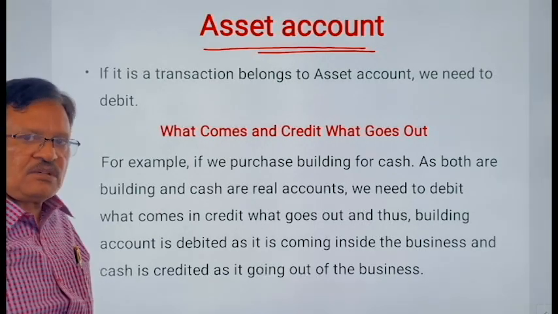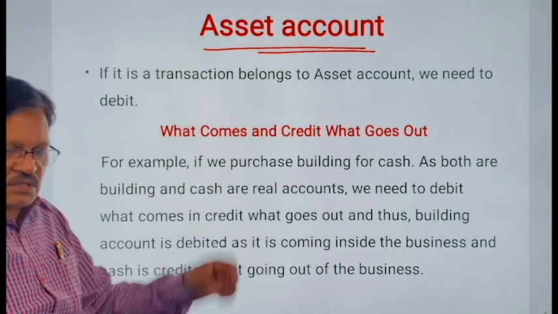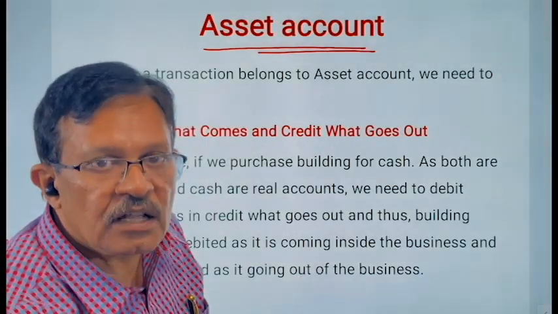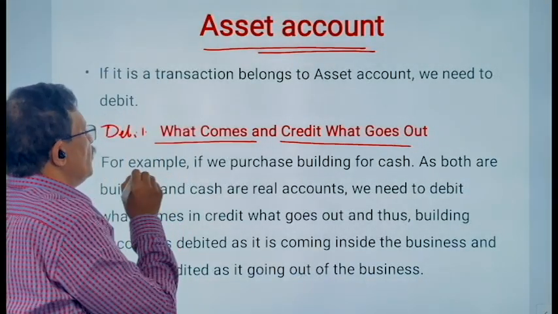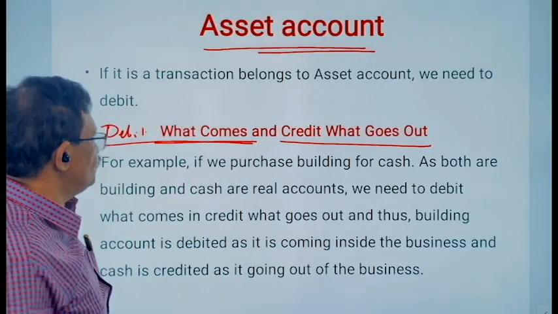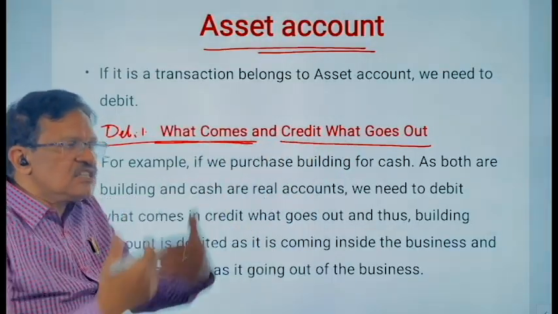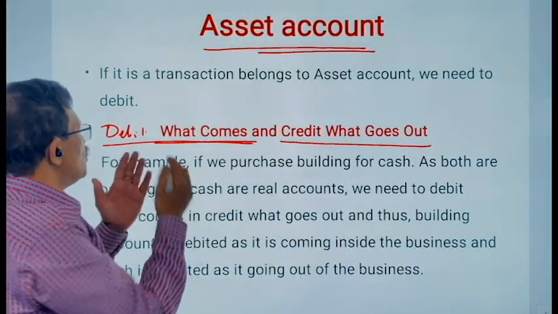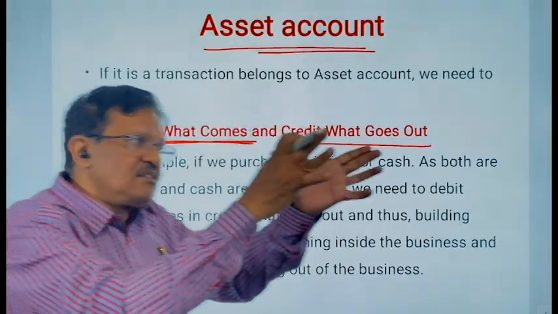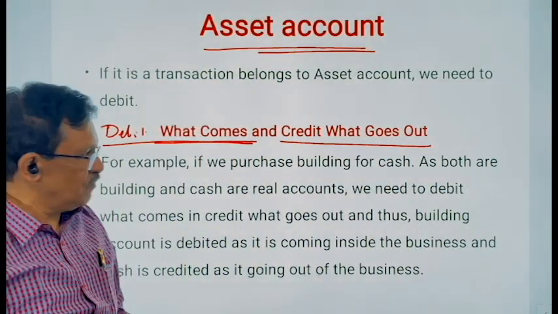When the transaction belongs to an asset, the rule is debit what comes in and credit what goes out. Whenever an asset is purchased and we are receiving that particular asset, we are going to debit that particular account. Whenever we are selling some asset, that particular asset is going to be credited.